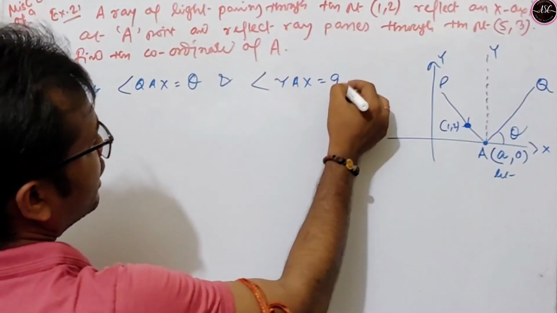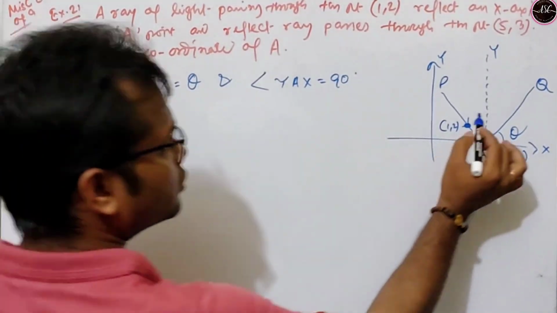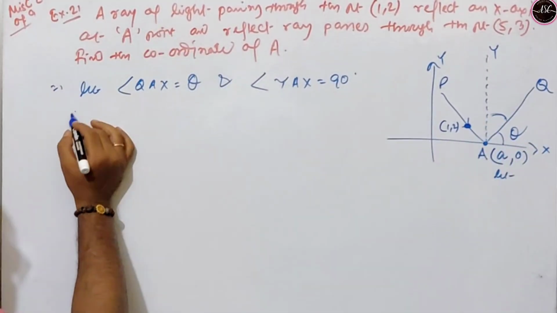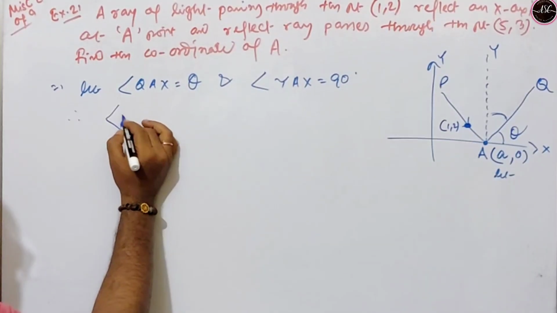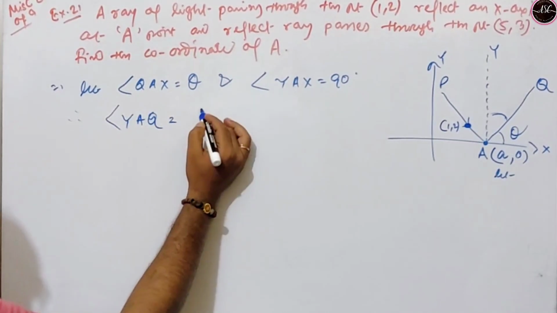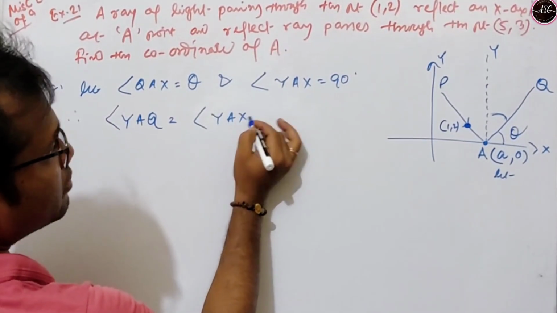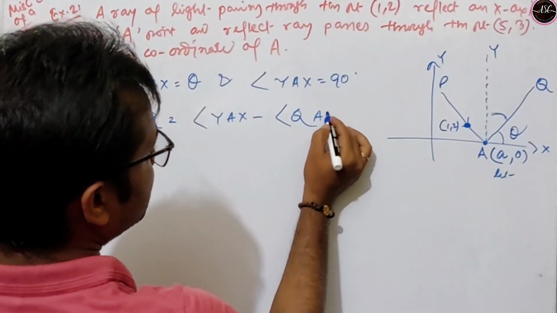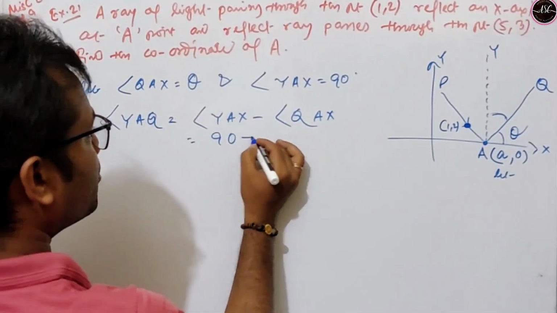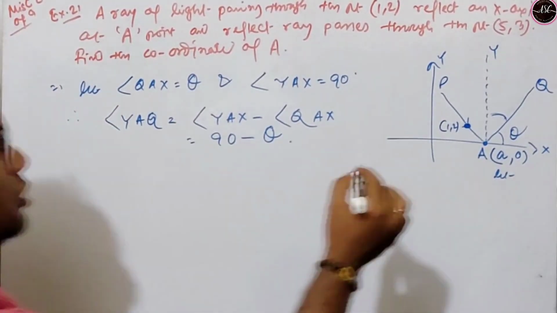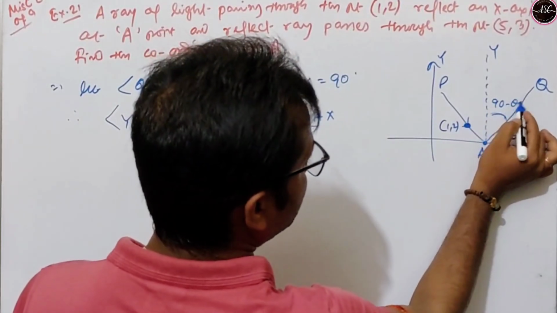Now what will be this angle? Therefore YAQ equal to angle YAX minus QAX, that means 90 minus theta.